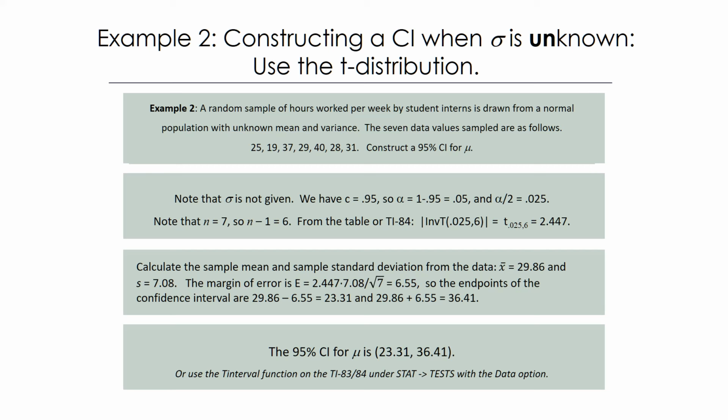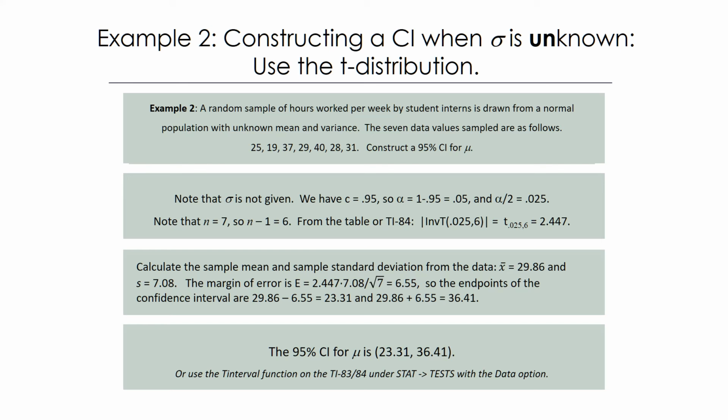Since it wasn't given, we were just given the data, we have to calculate x bar and s. You can use your calculator, put the data into list 1, and do one variable stats to get this, or use technology of your choice, or use formulas. X bar comes out to 29.86, and s is 7.08.